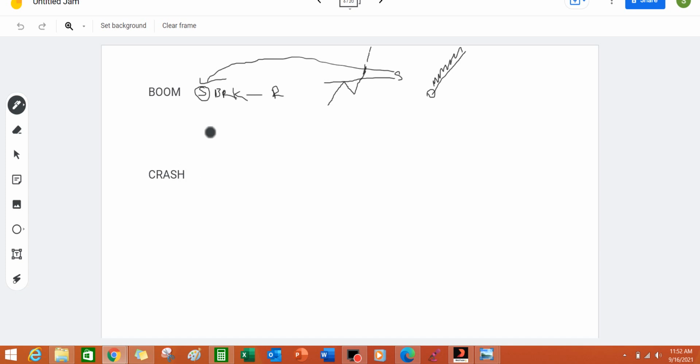So for crash, let me quickly give us a recap on boom. For boom, we said our trend usually occurs around the support region, which is very, very important. Then of course it also happens when there is a breakout above the resistance level, because at that stage, once there is a breakout above the resistance level, that resistance level turns into a support immediately, and we will be having more spikes happening around there.